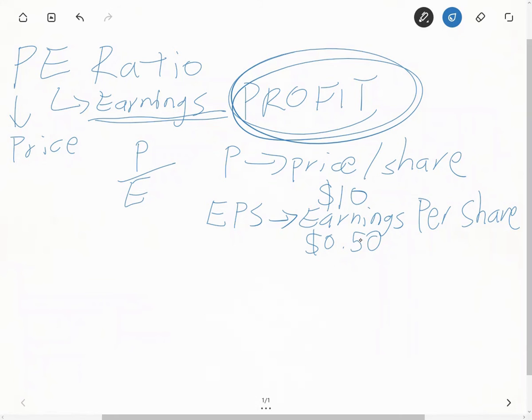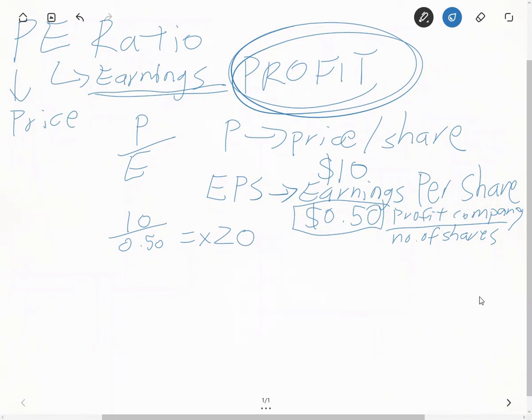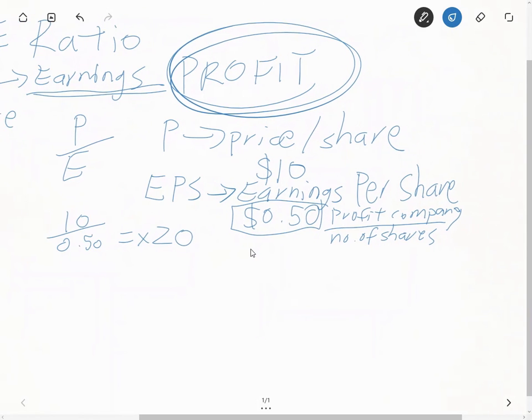To get that number, basically you take the profit for the company over the number of shares. And that's how you get your EPS. So if you say $10 over 50 cents, you get 20. Okay, so it has a PE ratio of 20.